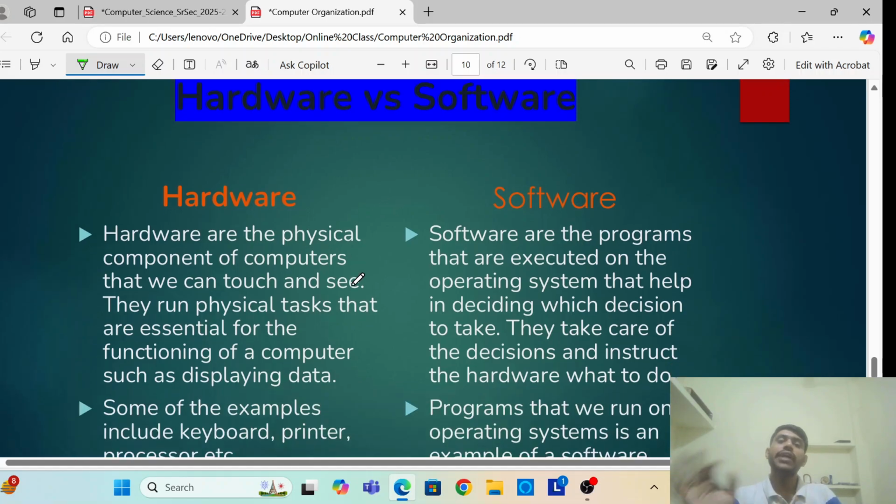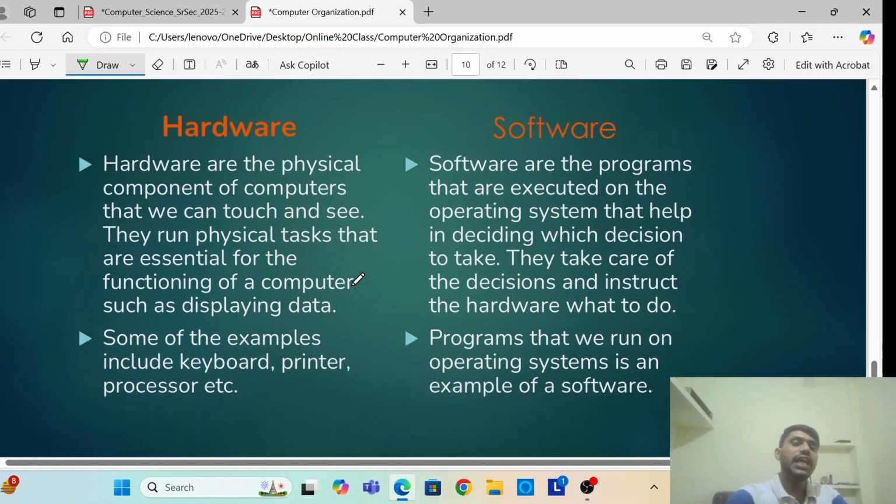So, the difference between hardware and software. Hardware is the physical component of a computer; software is the logical component of a computer. You can touch and feel hardware. Hardware performs the physical tasks that are essential for the functioning of a computer, such as displaying the data, while software takes care of decisions and instructs the hardware what to do.